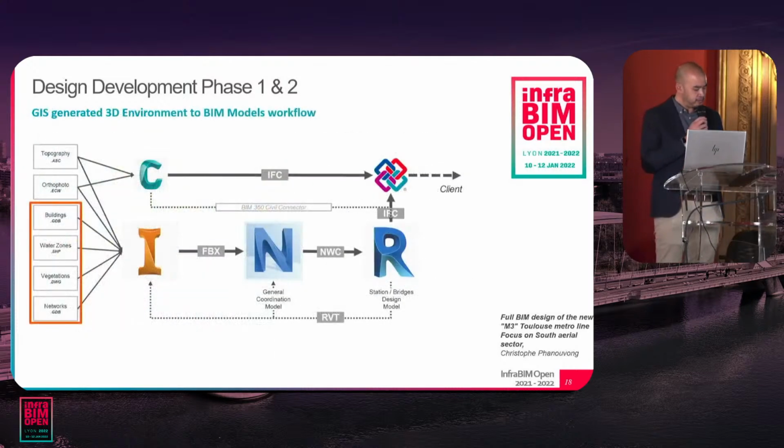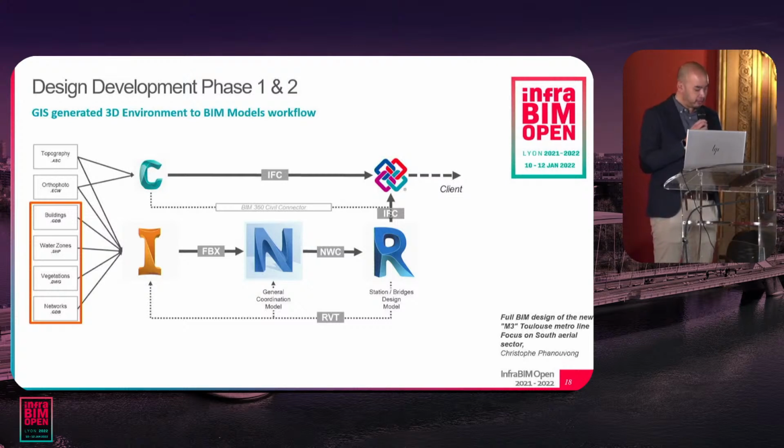So after different experimentation, we have found a workflow, and we use InfraWorks to compile the different elements of topography, orthophoto, different buildings, all the different water zones and vegetation, and all the environment in our production software in Revit, so we could have all this by InfraWorks.